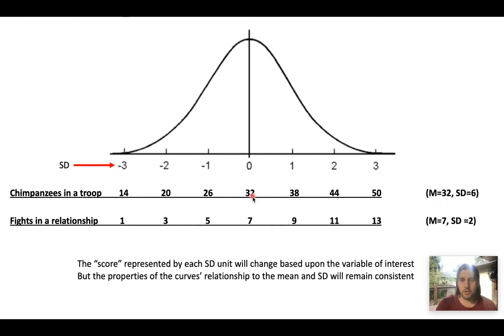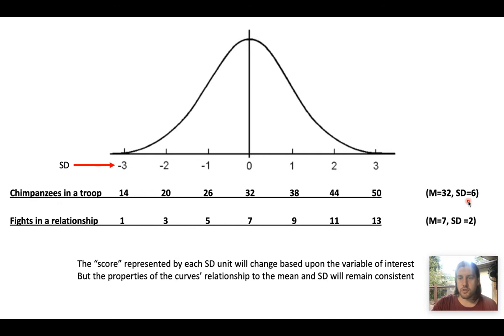A mean of 32. So we could fit that here. Now a standard deviation of 0 is the mean, and so for this variable, chimpanzees in a troop, this 0 effectively becomes a value of 32. It's 32 chimpanzees is the mean.